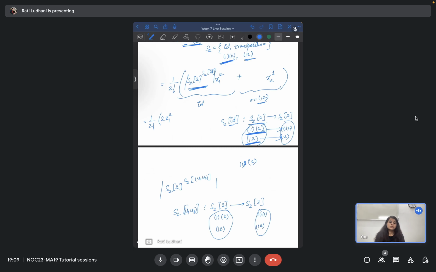Basically, if sigma maps cycles of sigma to cycles of sigma, then we are done. Or maybe we can say if S maps cycles of sigma to cycles of sigma, then we are okay. So 1 is mapping to 2 and 2 is mapping to 1, so this stays as it is.